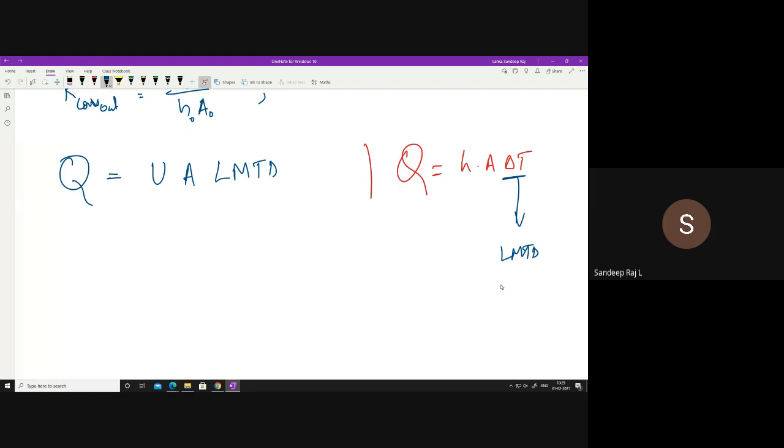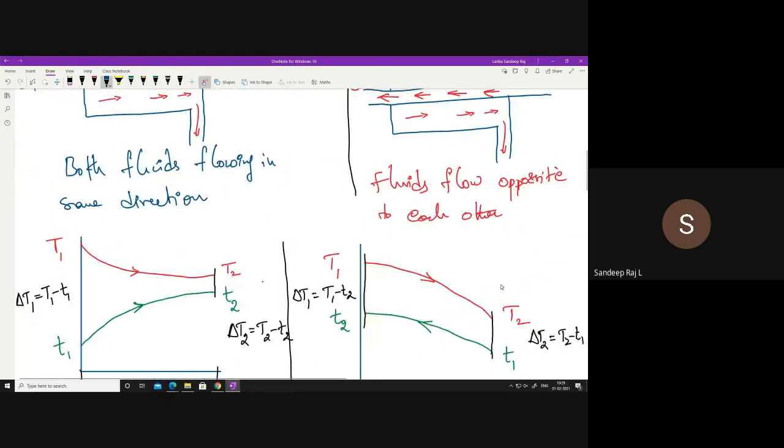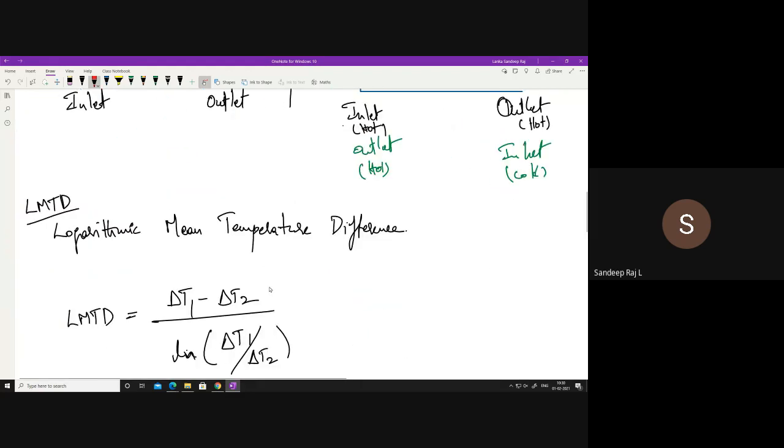Here also a temperature difference is taken, but it is taken as a difference on one side minus a difference on the other side. Let us see, here I have shown it to you. Difference on inlet side and difference on outlet side, one side versus the other side. That's why the delta T1 minus delta T2 concept came into your LMTD.